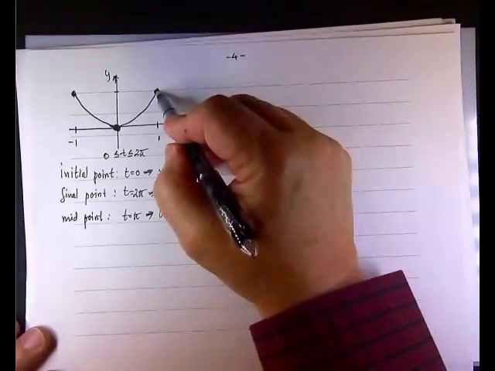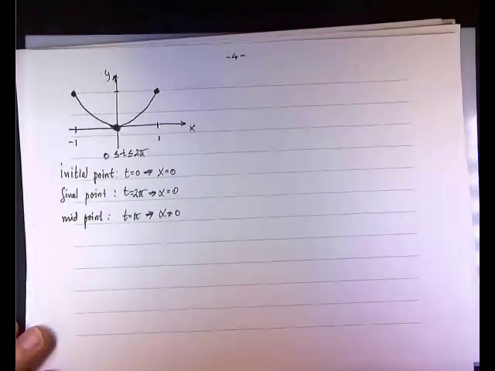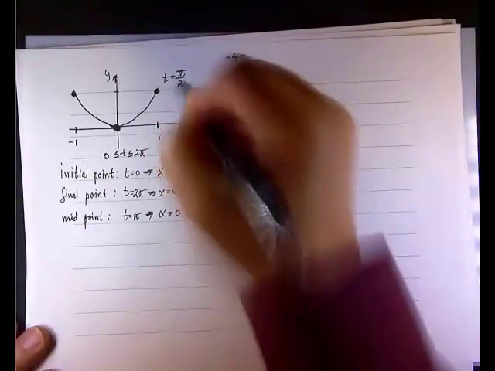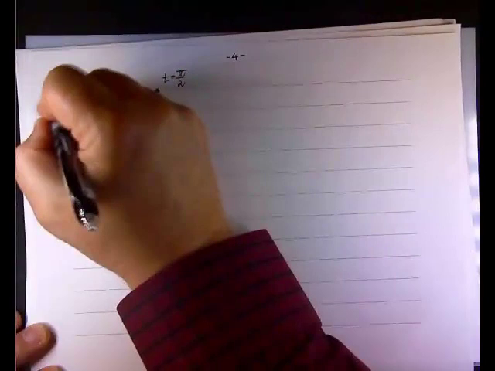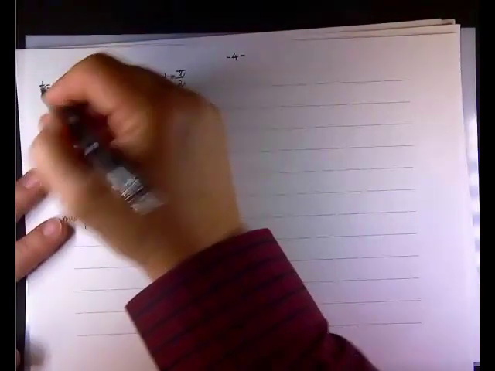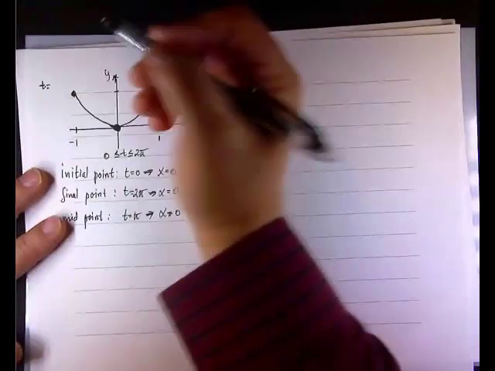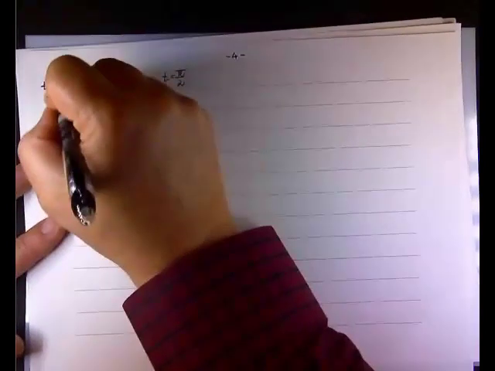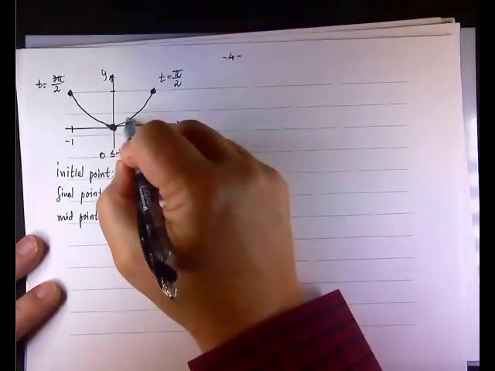What about this point here at x equals 1, and what about this point here at x equals negative 1? Well, this corresponds to t equals pi over 2. And this point corresponds to t equals what, between 0 and 2 pi? Negative pi over 2 is not on the interval 0 to 2 pi. 3 pi over 2. Very good.